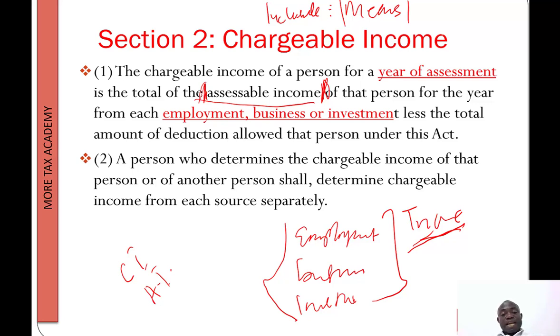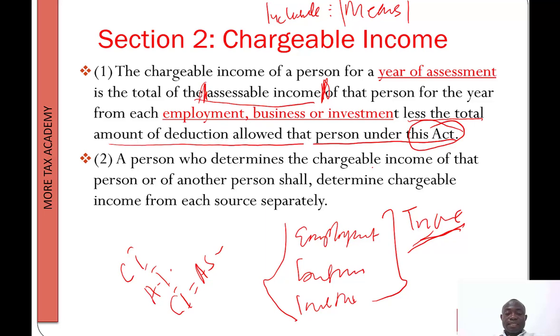So we are saying that your assessable income must be from employment, business, or investment. If we get that one, then we know that your chargeable income is equal to your assessable income, less the total amount of deductions allowed under this Act.